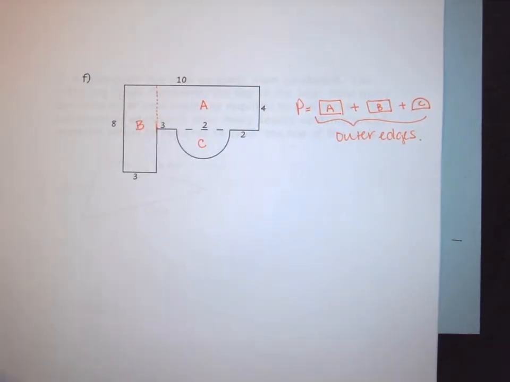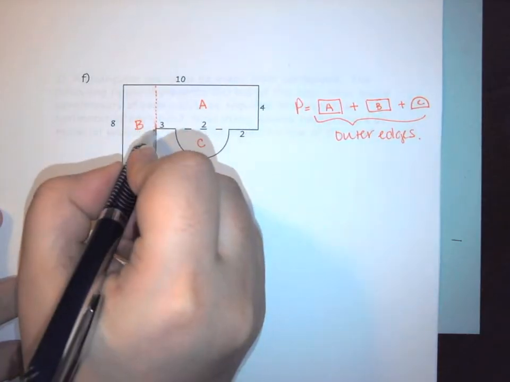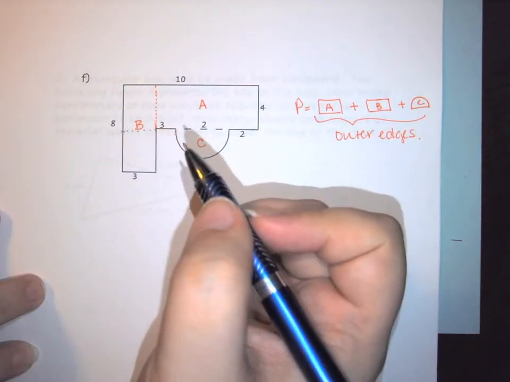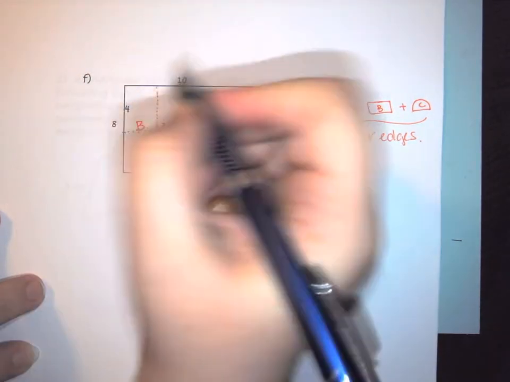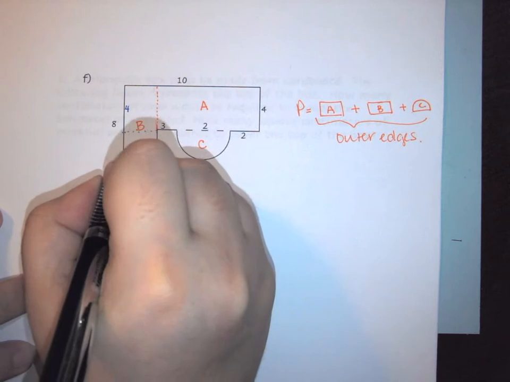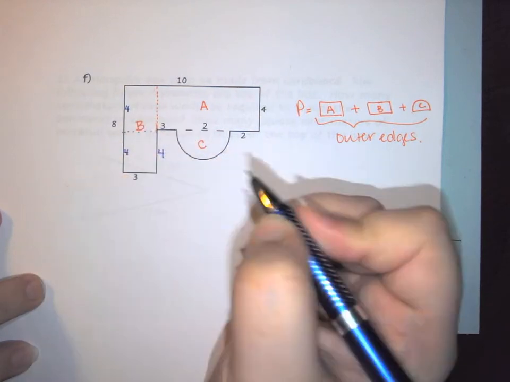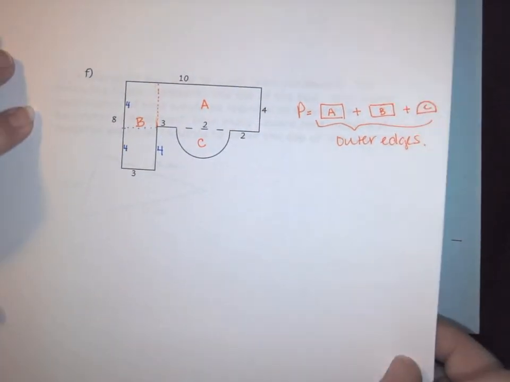Now, because this piece is 4 right here, if we had drawn a dashed line going this way, what you would notice is that that would make this piece here a 4. Since the whole length is an 8, that makes this a 4, which makes this right here 4. Okay, so you have to manipulate your shapes in order to see the parts.